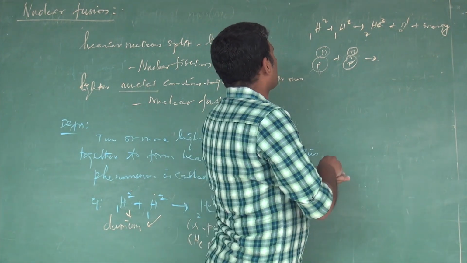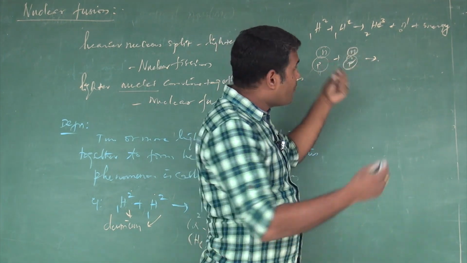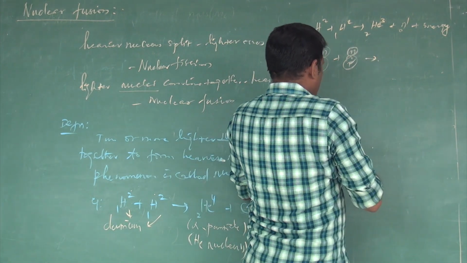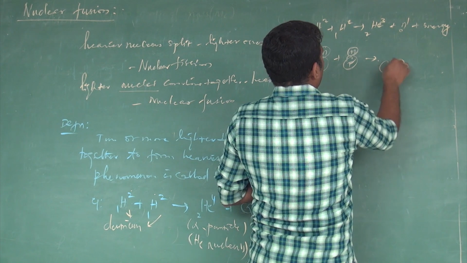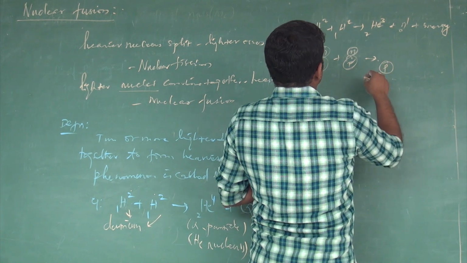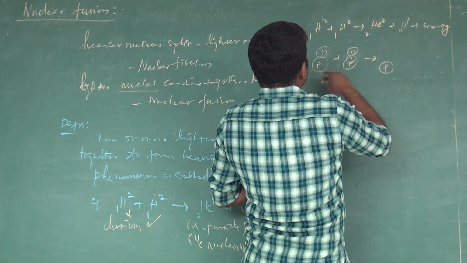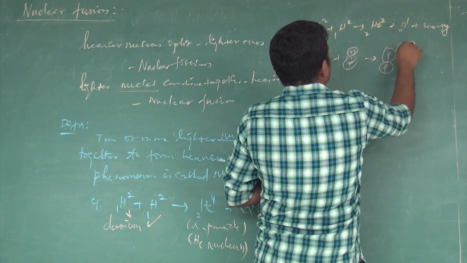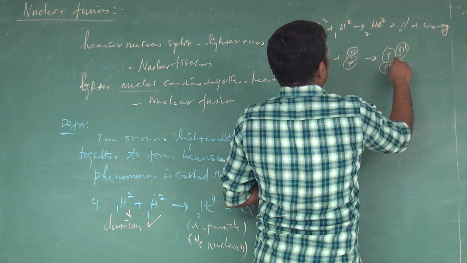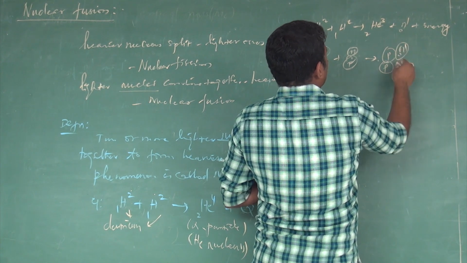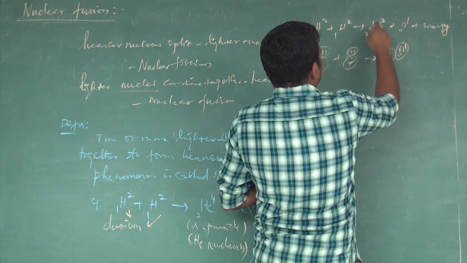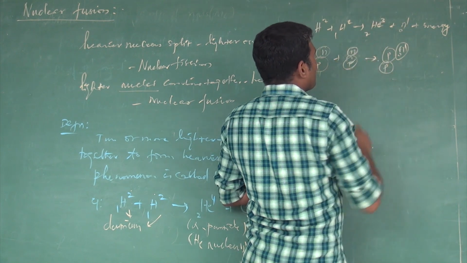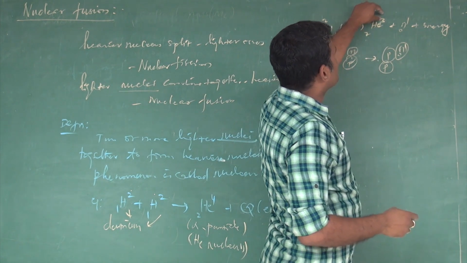So here a proton and a neutron, and another proton and neutron, combine together to form, see this one, 2 protons and 1 neutron. Atomic number refers to the number of protons, mass number refers to the number of nucleons.